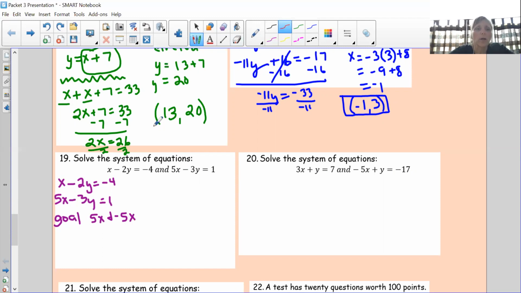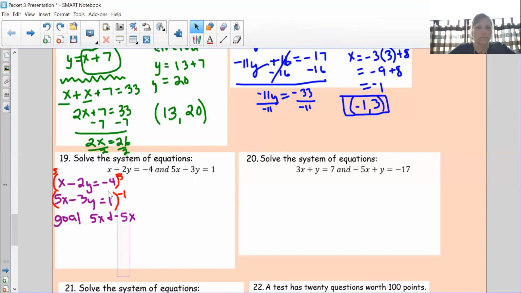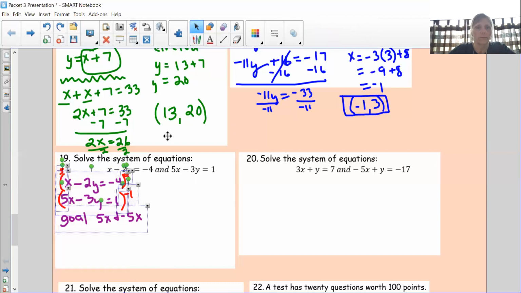So I'm going to change color, and I'm going to put a 5 here. And I'm going to put a negative 1 here. Ooh, I don't have enough room. Okay, now I do.